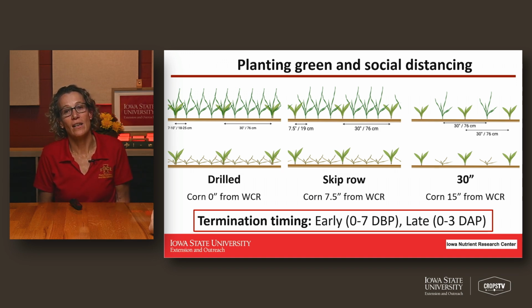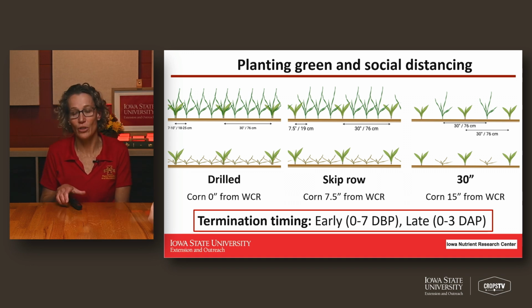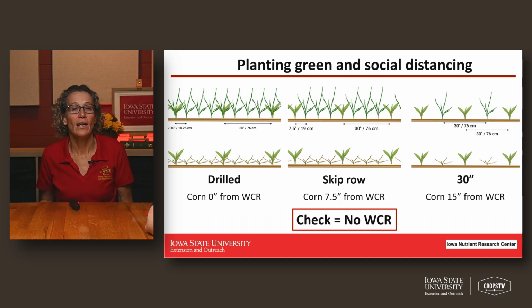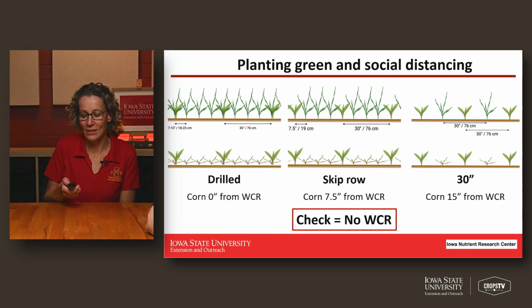And we did the planting brown and also the planting green treatment. And of course, in our cover crop studies, we always include a check of the no winter cereal rye. That's our goal, to try and get corn growing as well as it does after no winter cereal rye. So that check is always there in the background.